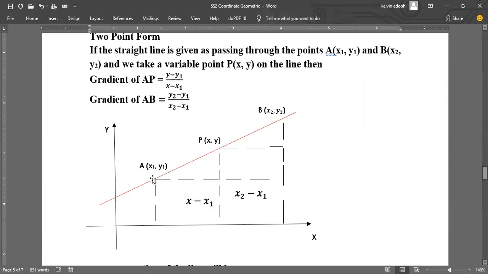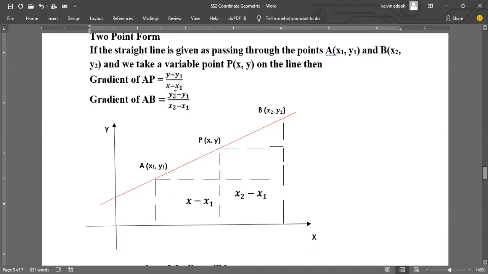So you have the points here. This is how, when they give you 2 points, you form the equation of a straight line. The gradient of line AP will be the change in y over the change in x, just taking the slope of this small part. The gradient of the whole line, A to B, will be the change in y over the change in x, which is this.